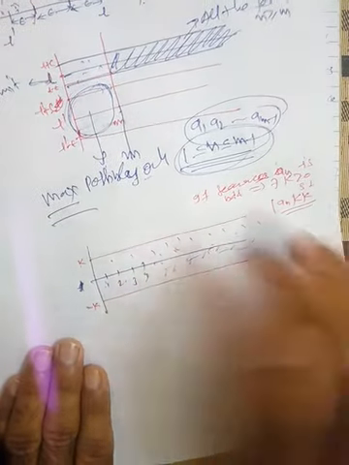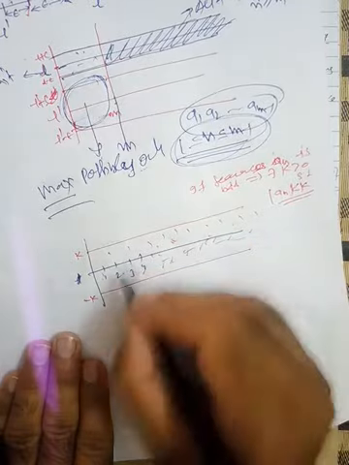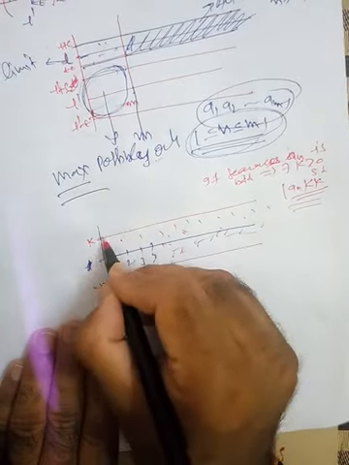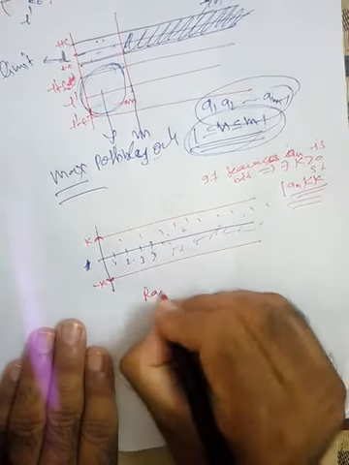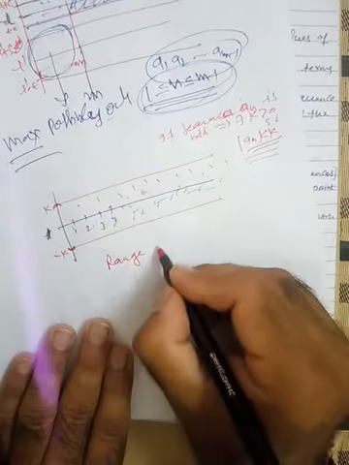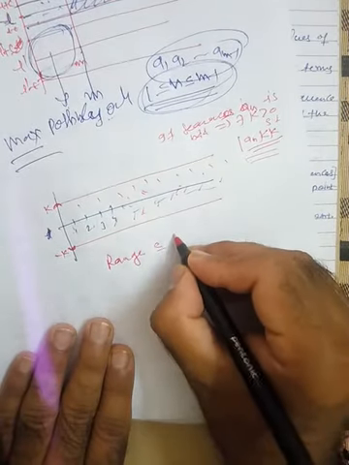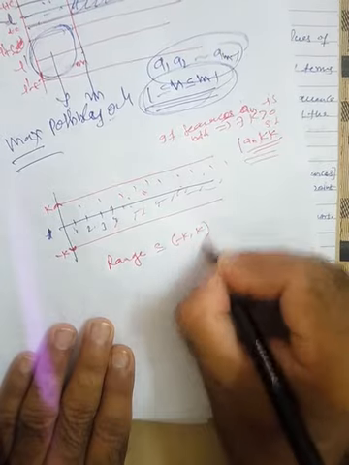Maybe positive, maybe negative, we don't know, but all the terms will be lying here. Fine, this is the statement. And so what is the range? The range is obviously a subset of minus K to K.